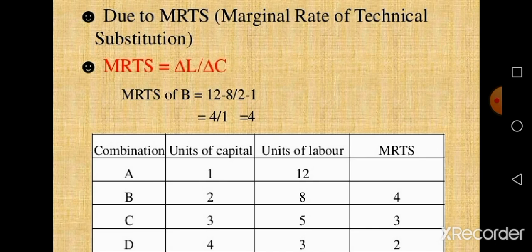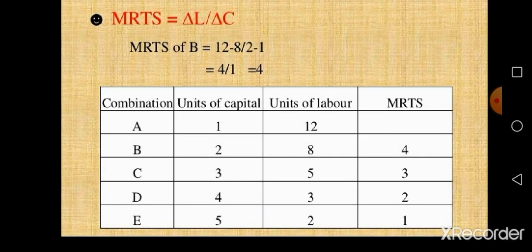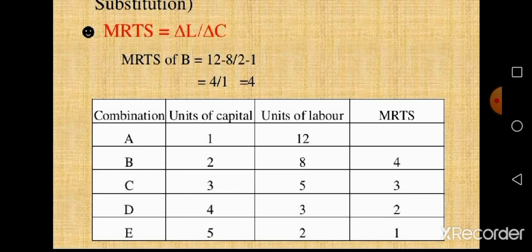That is, units of labor 12 minus units of labor 8 for combination B, by units of capital 2 minus unit of capital 1 for A. So it gives the marginal rate of technical substitution as 4.